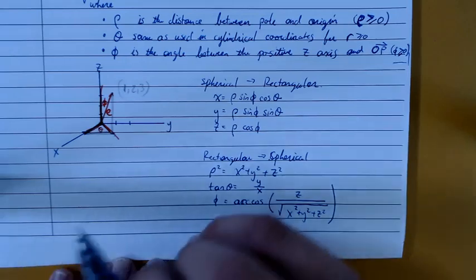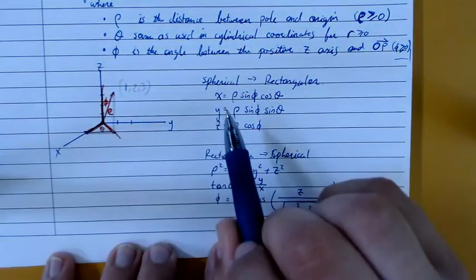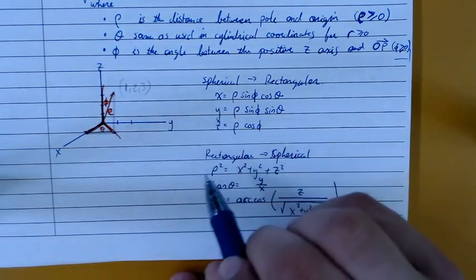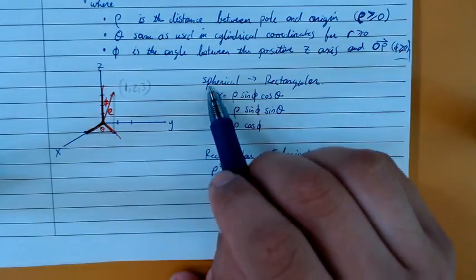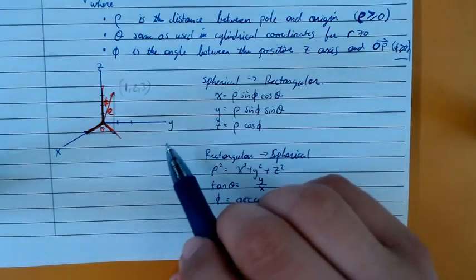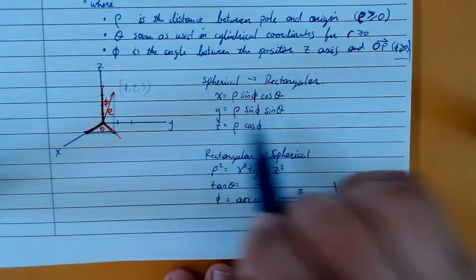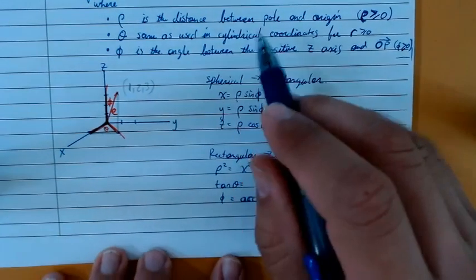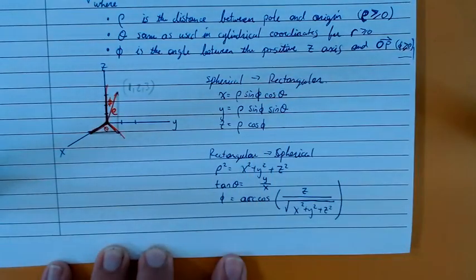Incidentally, although it's not something we see much of, there is a way to go between spherical and cylindrical. Of course, one way is you could just say, well, if I want to go from spherical to cylindrical, I can just go spherical to rectangular and then rectangular to cylindrical. And actually, that's what this is. It simply does the algebra all at once. So you can forgo going through rectangular coordinates and just jump directly between one system and the other.